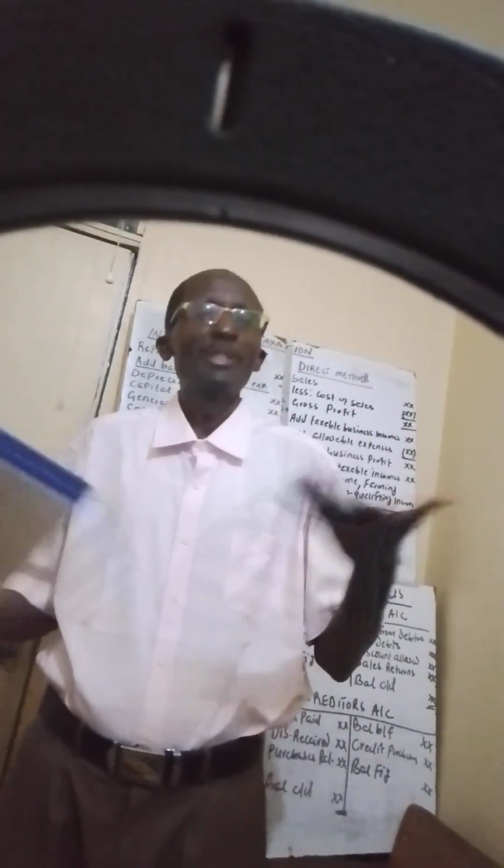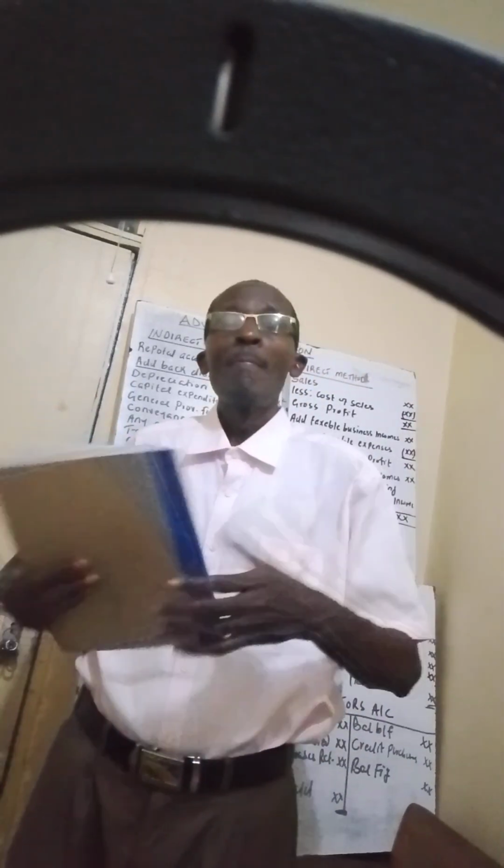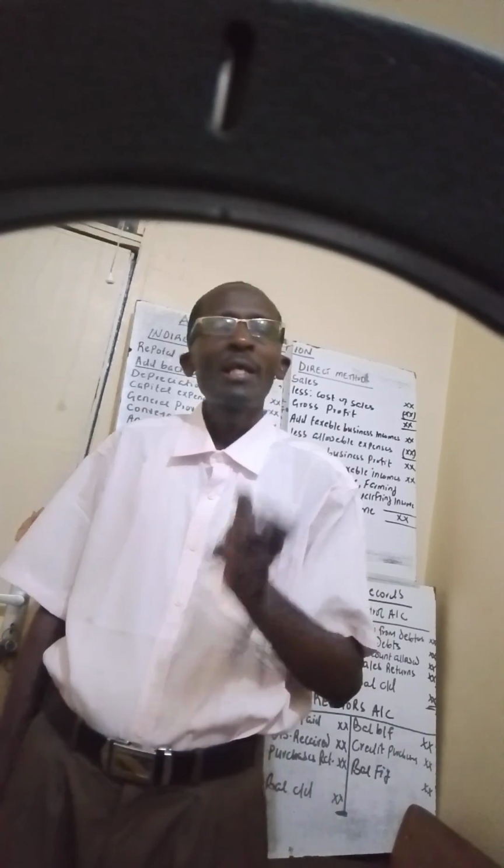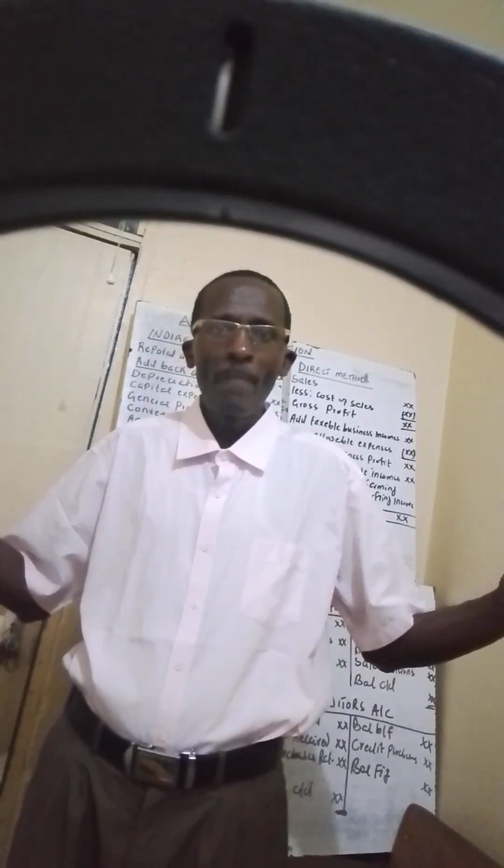A good example is depreciation. Depreciation is a disallowable expense. In preparing the income statement, we usually deduct the depreciation. But for the purpose of tax, we are supposed to add back all the depreciation and then you claim for wear and tear, which is supposed to be a uniform figure for all the businesses. So that's an example.